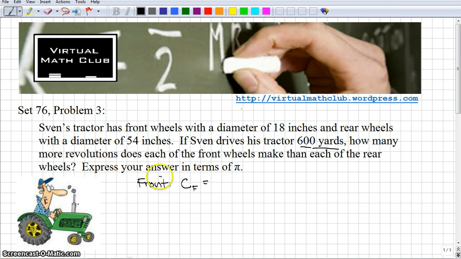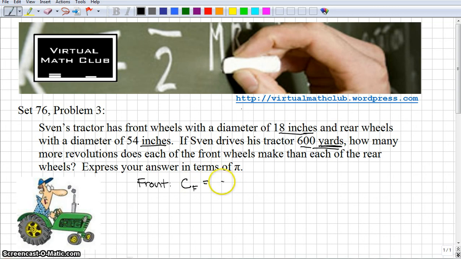So one thing though we better be careful of is that we're given the distance traveled in yards, but the diameter of the wheels are given in inches, 54 and 18 inches.